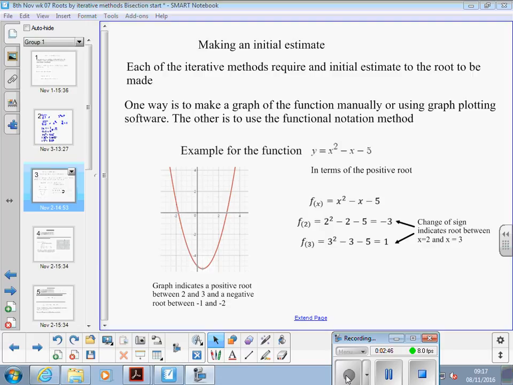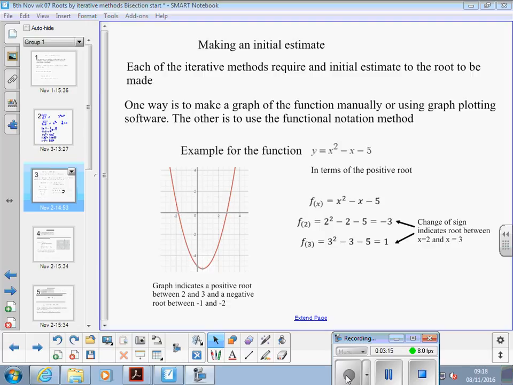Also, if we look at f of x at 2, you get a result of minus 3, and when x is 3, we get a result that's positive. So that change of sign, from a negative value of y to a positive value of y, means there must be at least one root somewhere between those two values of x.